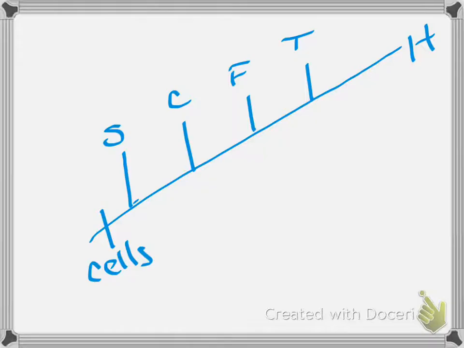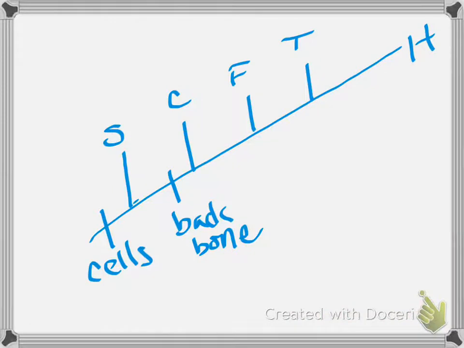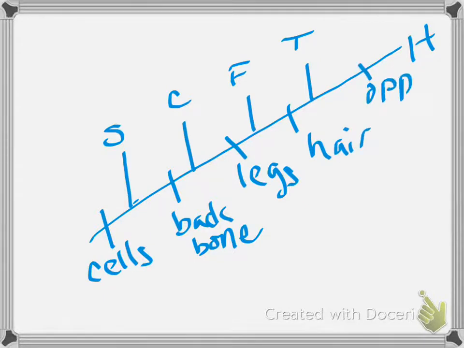From catfish on, they have a backbone. From frog on, they have legs. From tiger on, they have hair. And from human on, they have opposable thumbs. As you know, as we go up, it's a more and more recent species, and there's more and more diversity. Okay? And that's it for your notes.